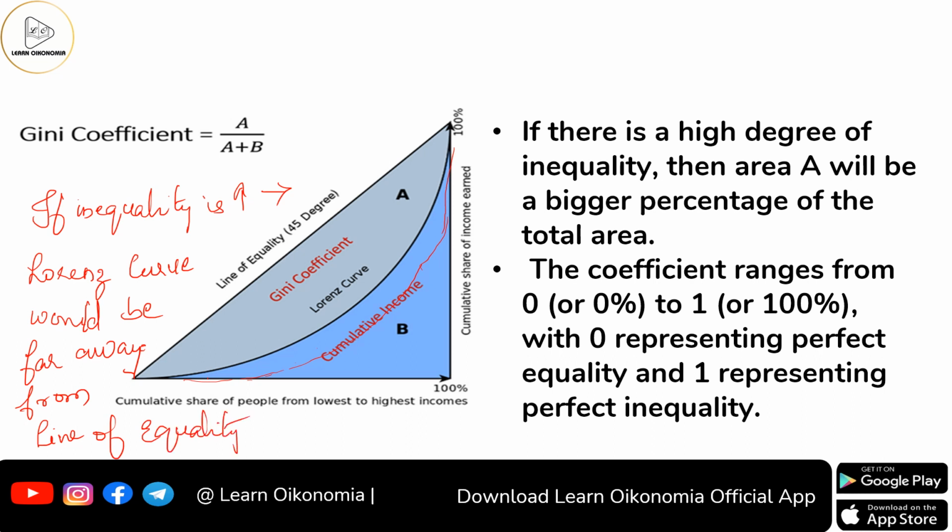The line of equality is a 45-degree line. This 45-degree line is something that we use for comparison.